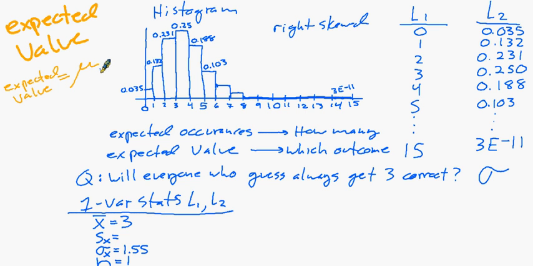Right? There are 2 symbols for mean. One is x bar, and one is mu. This refers to the sample mean, or mean of a sample, and this refers to the mean of a population.